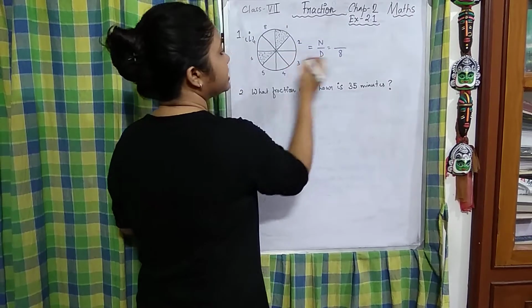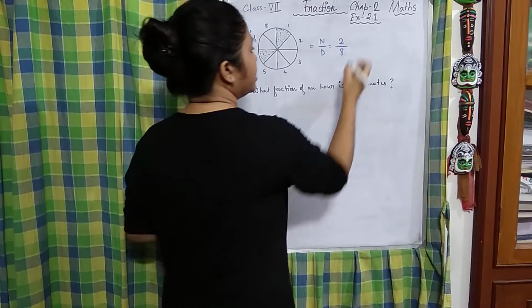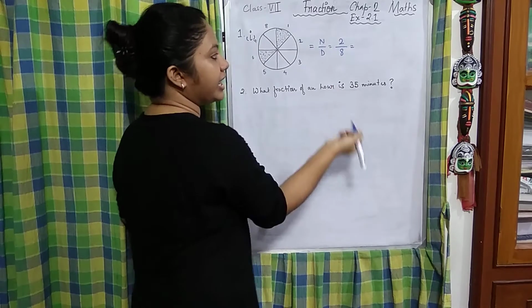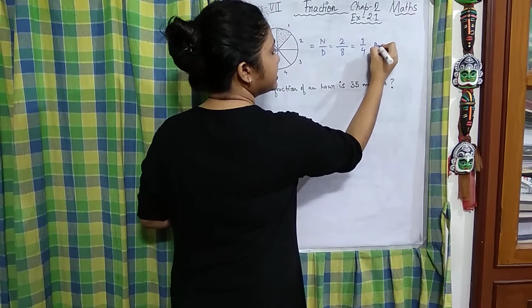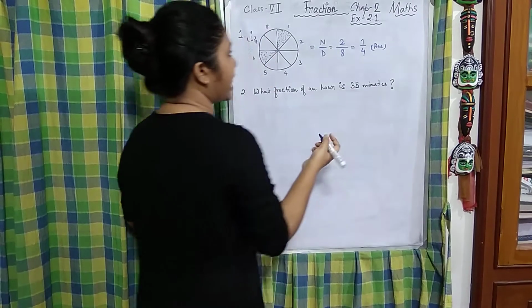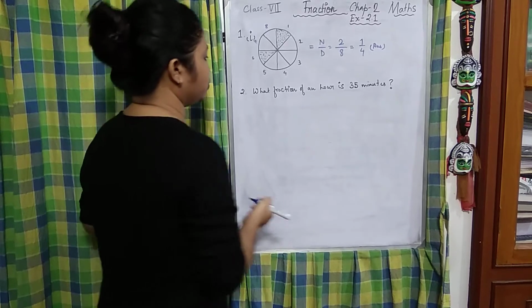So how many parts are used? 2 parts have been shaded, right? So after we cancel 2 and 8, we'll get 1 by 4. So this is the fraction that has been shaded. Got it?